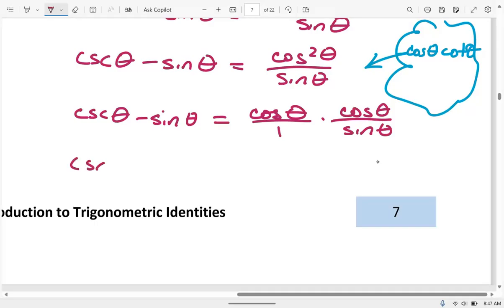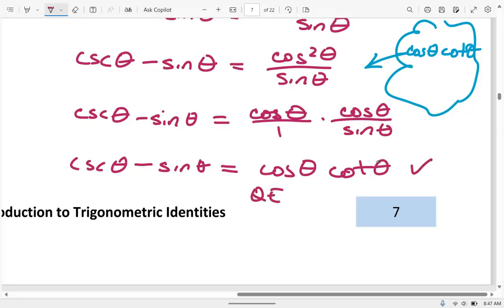And the cosine of theta over 1 is the same as cosine of theta. And cosine of theta over sine of theta is the same as cotangent of theta. Now we've proven what we need to, so we are done with this one.